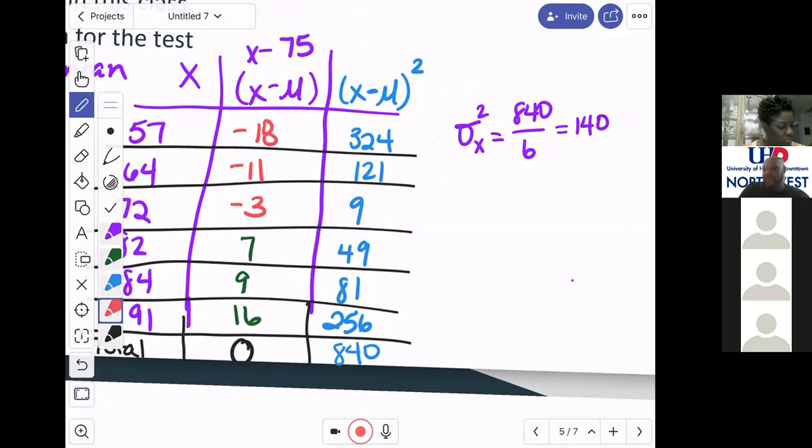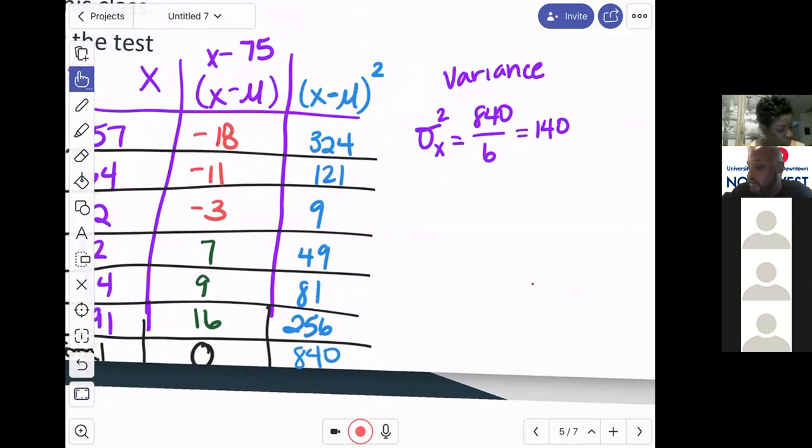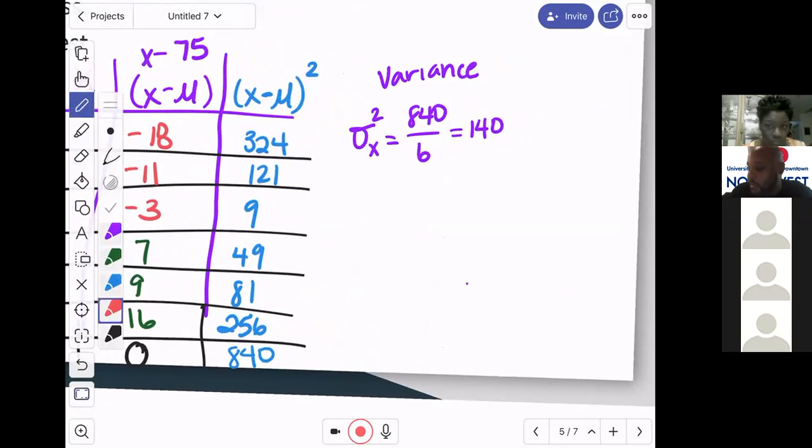And so if that's 140, this is what we call the variance. That's the variance, right? If I want the standard deviation, this is called sigma x.